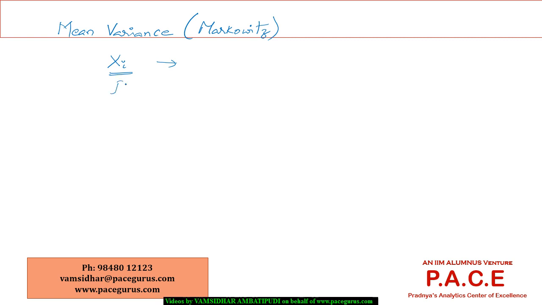When I am talking about a portfolio, we are typically talking about different weightages in different securities, and the overall is summed up. I am trying to invest different weights in different securities in such a way that all the weights sum up to 100%, or 1.